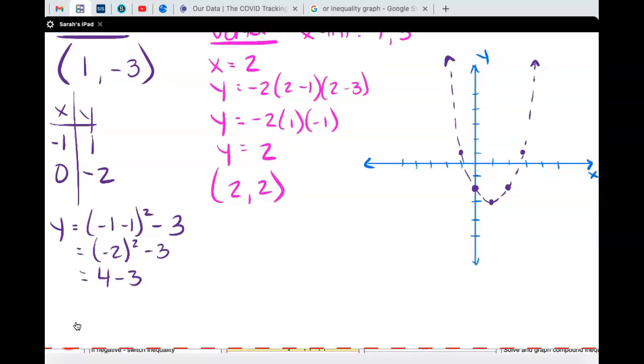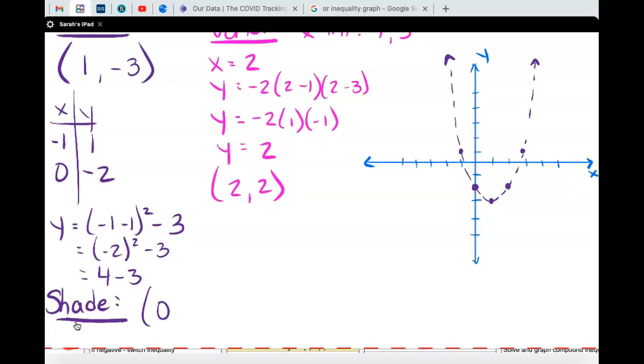What point do you want to test for the shaded region? What would be the easiest point to test? 1?